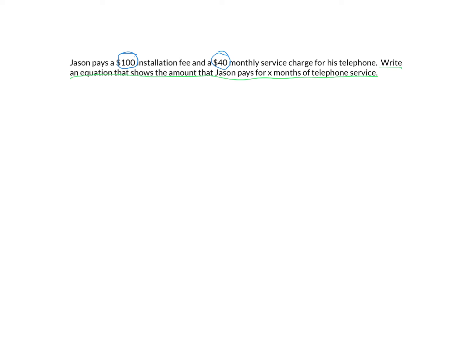And then we're going to start looking for our keywords. So 100 is a fee. And this definitely sounds like a one-time fee, that he's only paying this one time when he gets it installed. But $40 says that it's a monthly charge, which means that this is ongoing.